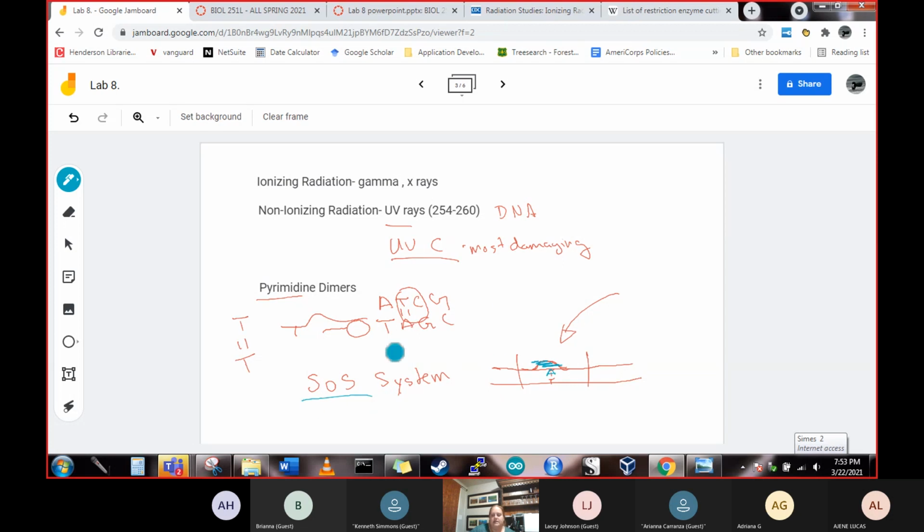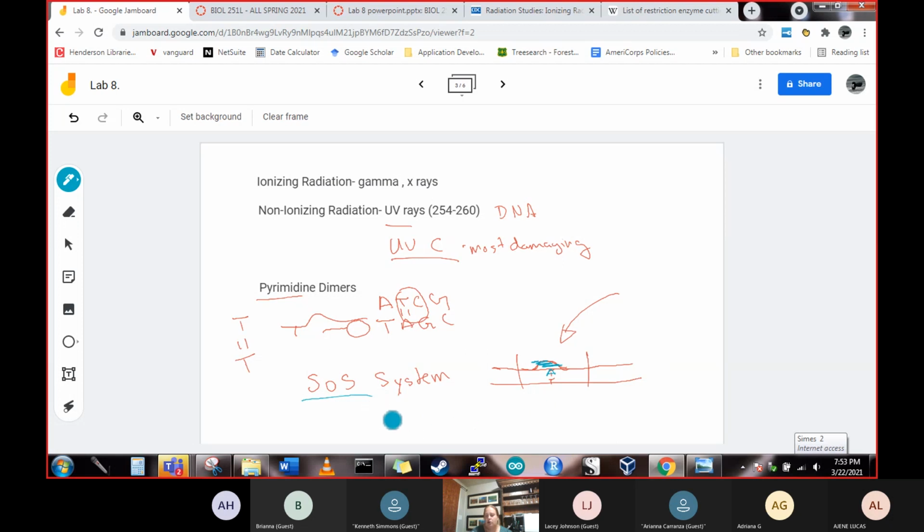This SOS system works pretty well, but the longer that you're exposed to UV, the more and more of these happen in your DNA, and the less this system can keep up with the damage. So eventually, if you get too much damage, you're going to inhibit your DNA replicating.